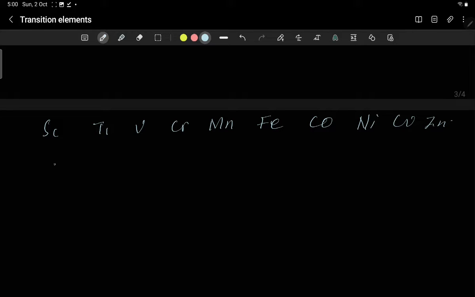The rest of the elements all form the +2 oxidation state except scandium, which only has the +3 oxidation state.